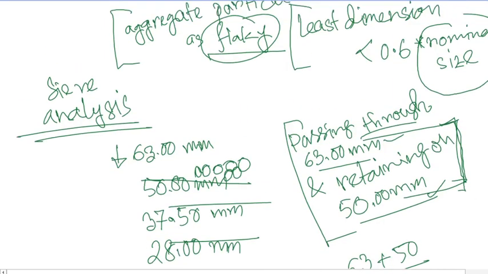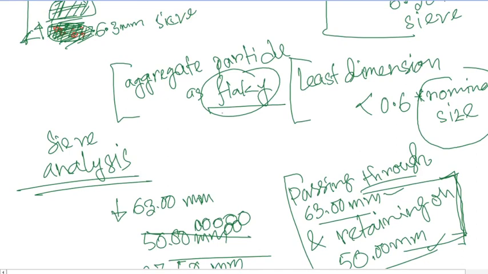This is the nominal size for the aggregates in this range. By definition, we call the aggregate flaky if the least dimension, that is the thickness of the particle, is less than 0.6 of the nominal size of that range.